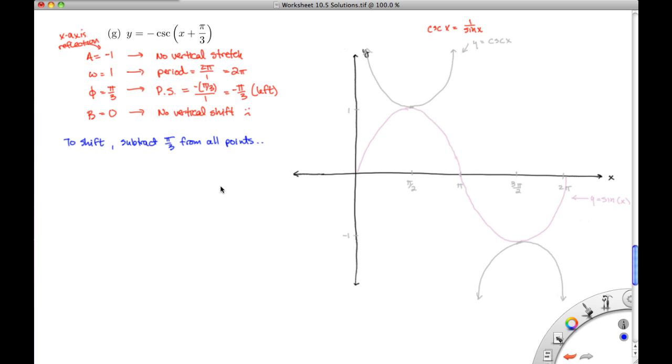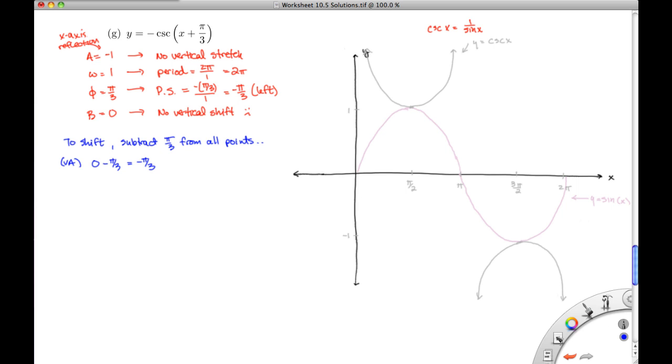And if we do that, we're looking at the cosecant now, so we can ignore the sine part here. We've got a vertical asymptote for the cosecant at 0. So if we subtract pi over 3, that's going to give us negative pi over 3.